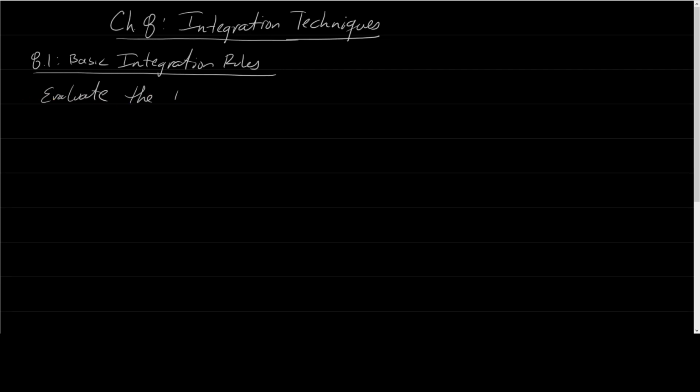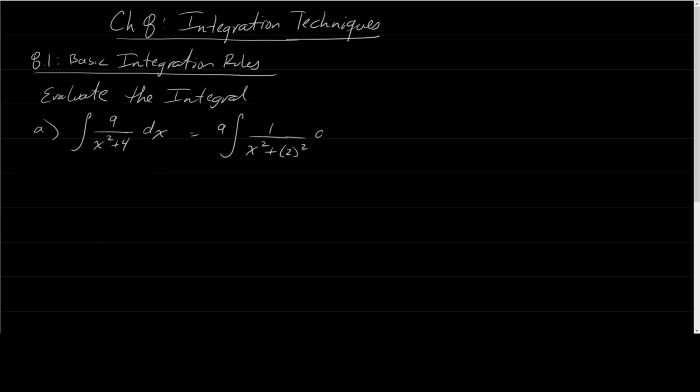Evaluate the integral. So let's look at a couple of different integrals. So we have the integral of 9 over x squared plus 4 dx. Now if you recall from the last video, this actually becomes 9 times the integral of 1 over x squared plus 2 squared dx.